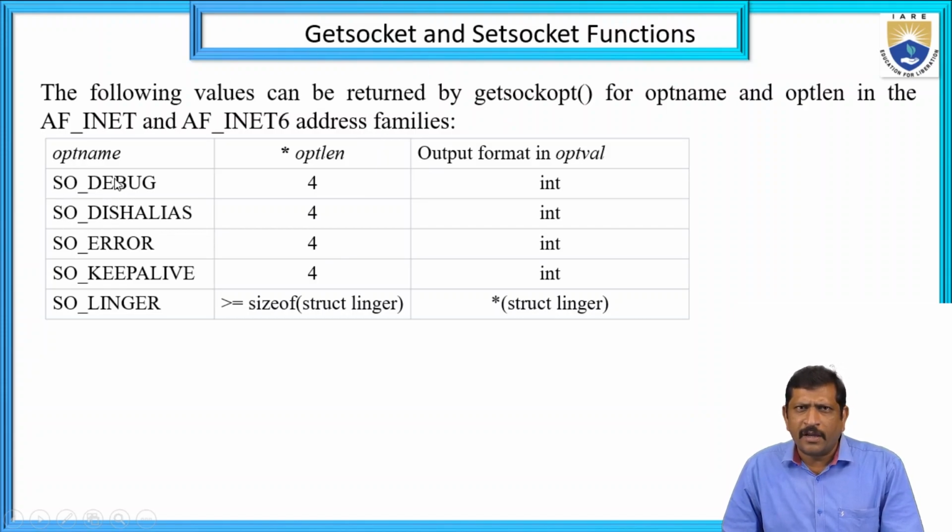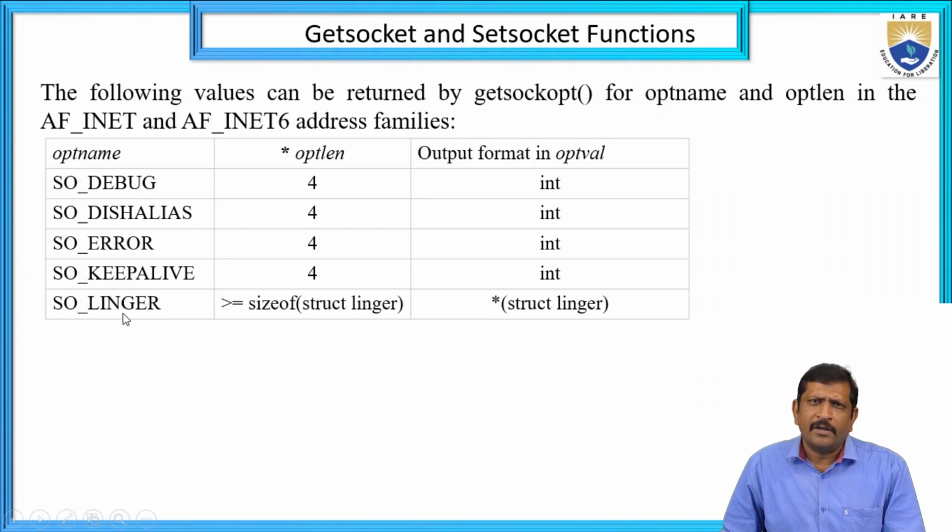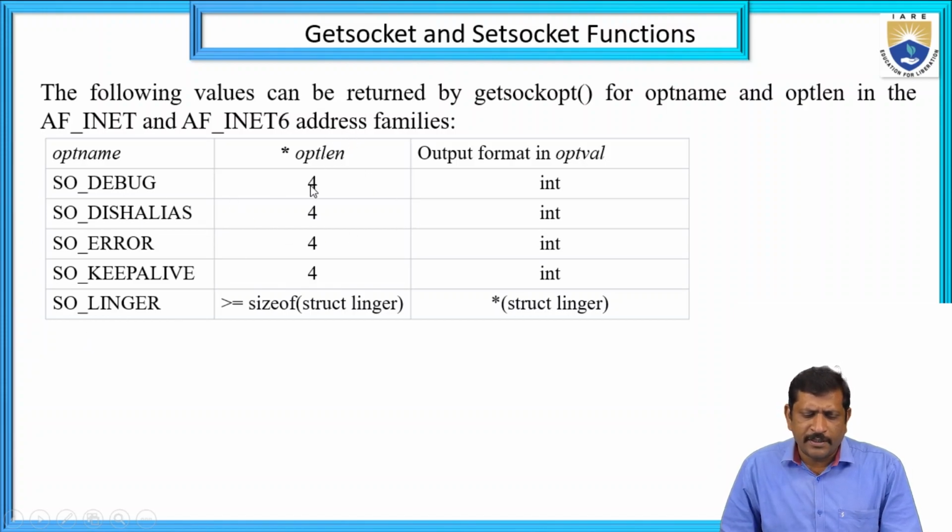The option names are socket debugging, SO_DEBUG, SO_DONTROUTE, and SO_ERROR, SO_KEEPALIVE, SO_LINGER. These are all the option names. The option length is 4, and sizeof struct linger, and the output format in an option value is an int.